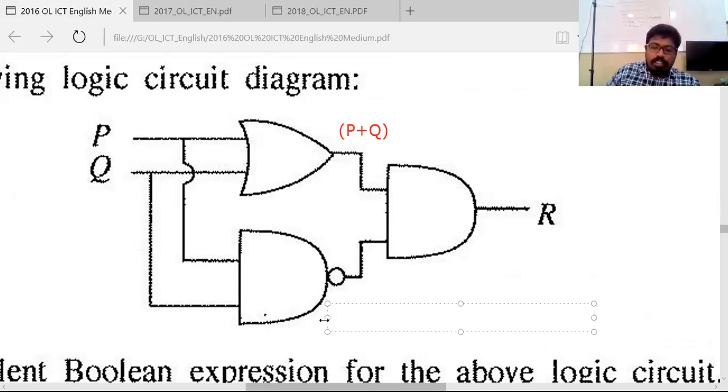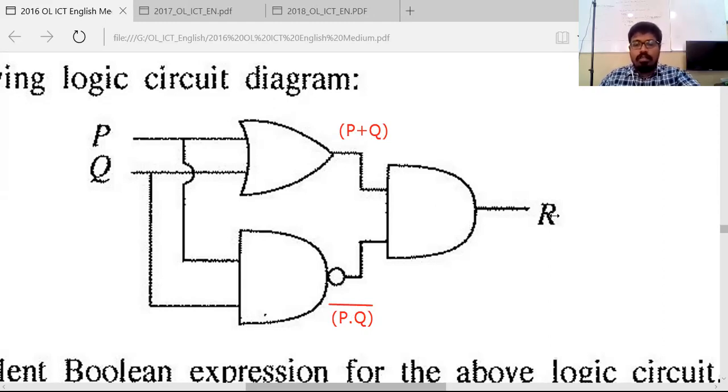So initially you have to take AND, P dot Q, then holding bar. So P plus Q, this is P and Q holding bar. Then this one and this one will be connected with an AND gate.